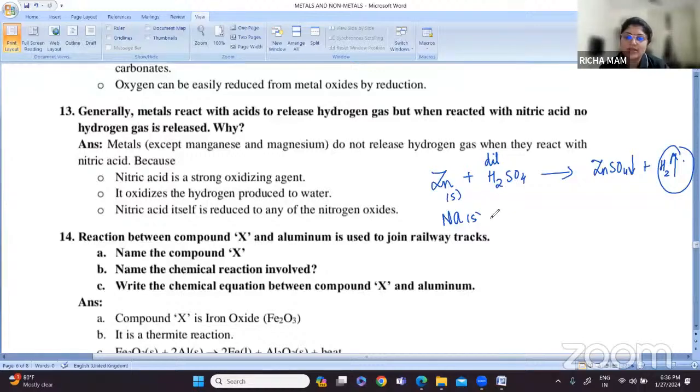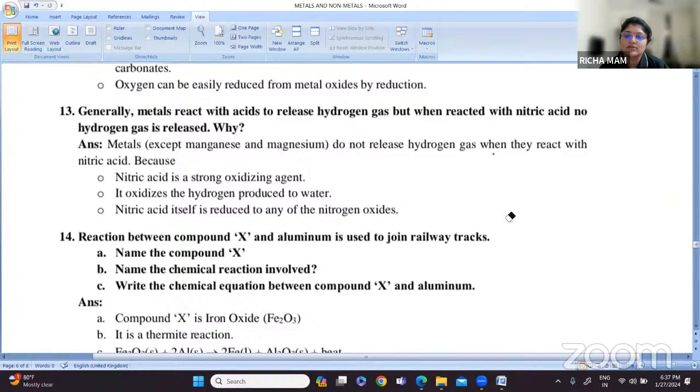If I take sodium metal and react it with acid, hydrogen gas is liberated. So like this, whichever reactive metals are there, when they react with acids, they will liberate hydrogen gas.